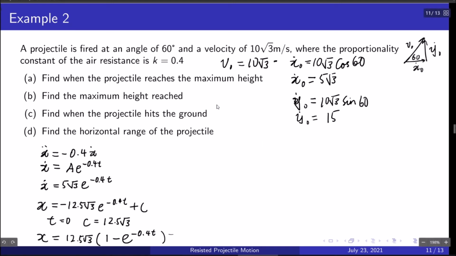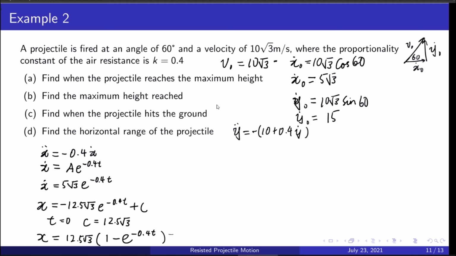Y double dot should equal, obviously, negative 10 plus 0.4 y dot. Yep. So gravity plus resistance.